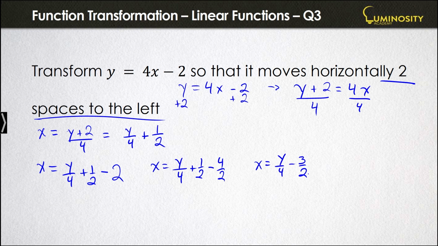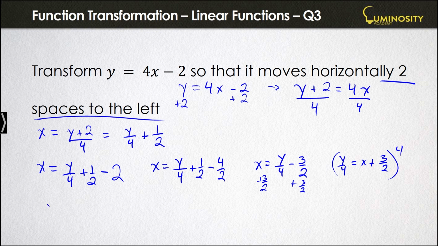So now all we need to do is turn this into our y equals formula. So we'll add the 3 over 2 to the other side, or to both sides. So we have y over 4 equals x plus 3 over 2. And now we can multiply everything by 4 to get rid of that denominator.